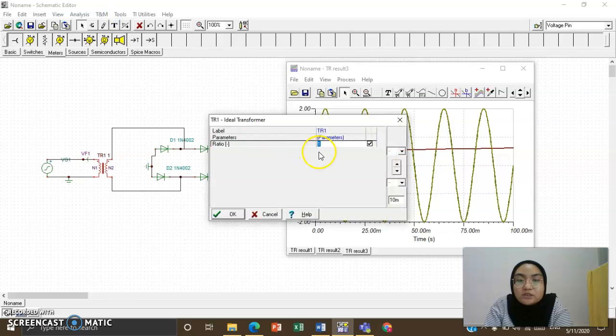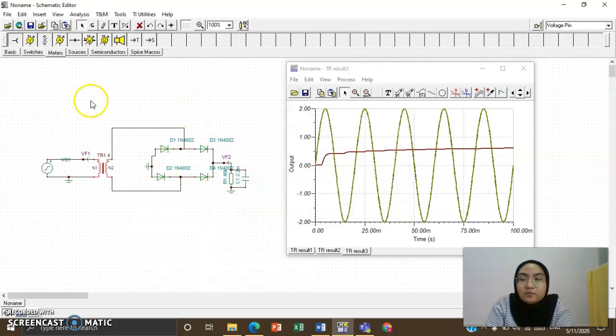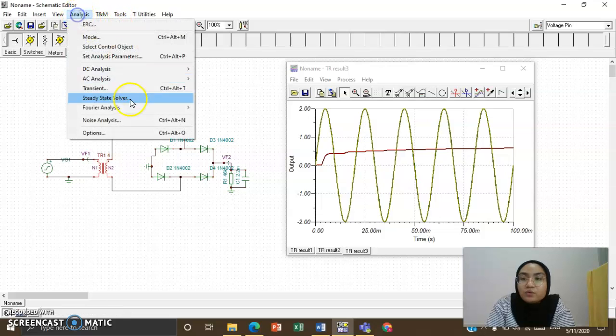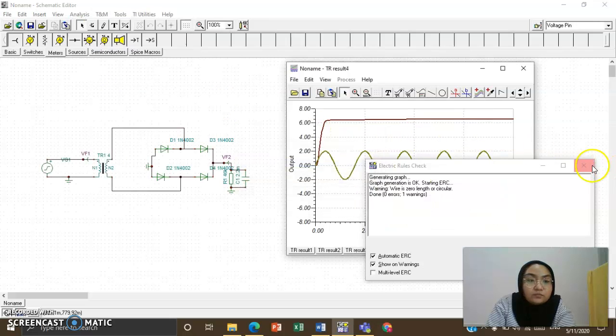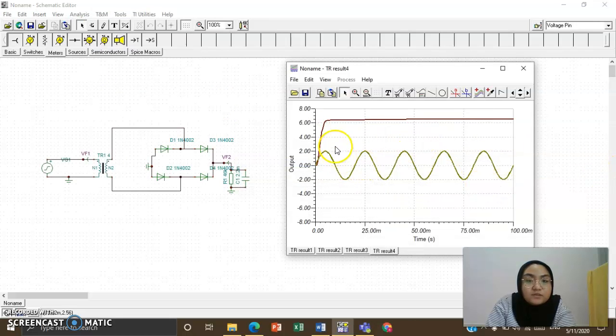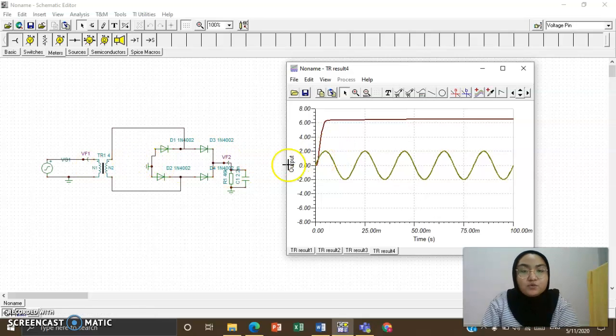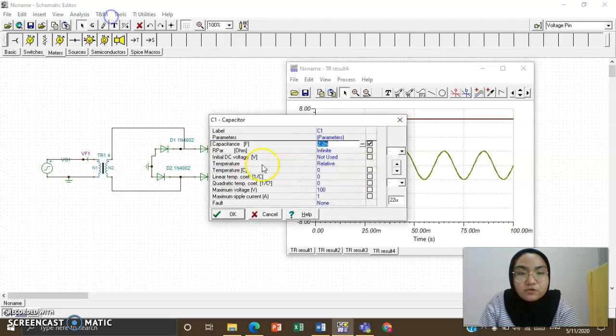Now we try to change the ratio to 4. I mean, we maintain the capacitor value, but then we use ratio 4. See, because the input is 2, the output doubles by 4, 8, minus 1.4 because of the diode, it becomes 6.6. That's why it's here. Now we change to a smaller capacitor using ratio 4.